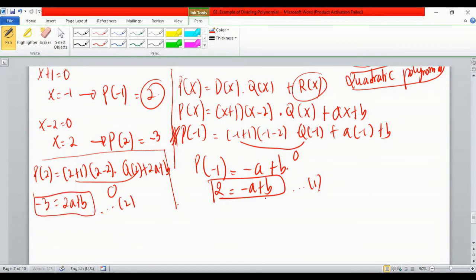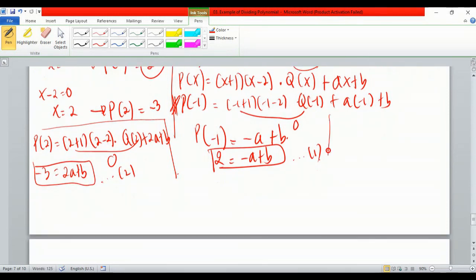So from here, we need to eliminate them to get the value, right? Equation 1 and equation 2 we need to eliminate: -a + b equals 2 and 2a + b equals -3. So we eliminate them. So this one is equal to -3a equals 5, right?